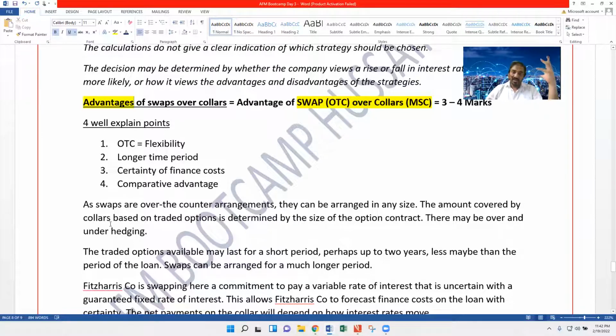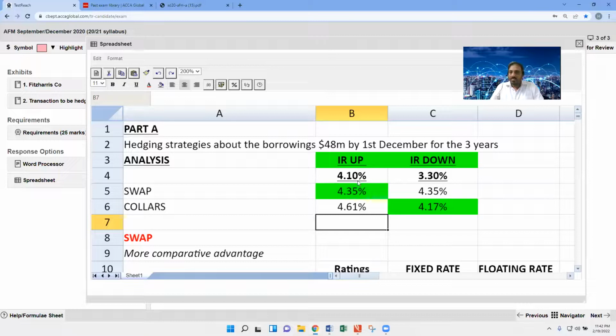What are the explained points? For example, swap is over the counter. That is flexible. We can use a longer time. We can work with comparative advantage. And the same point, if we enter into the swap, we are very much certain. Certain means in any case, we have to pay the borrowing cost of 4.35%.